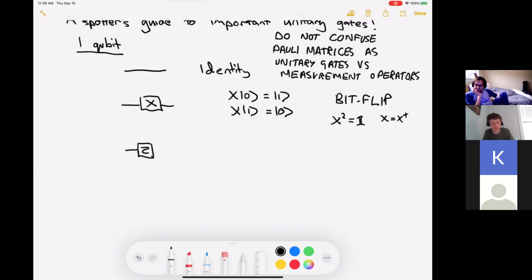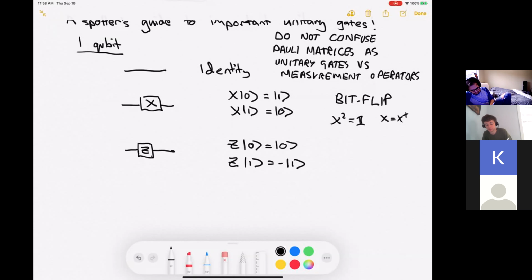Another unitary matrix that you could apply pretty obviously is the Z matrix. This takes 0 to 0, takes 1 to -1.